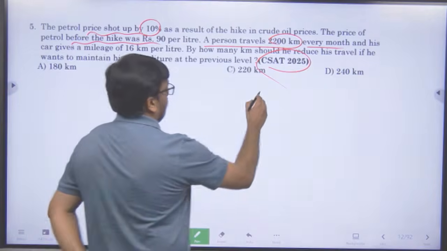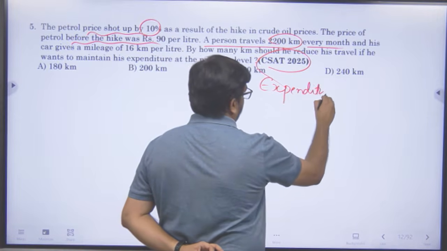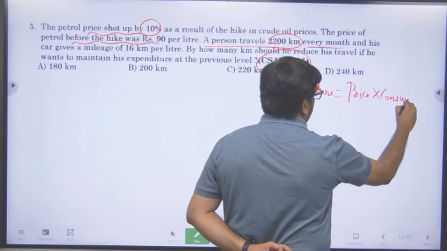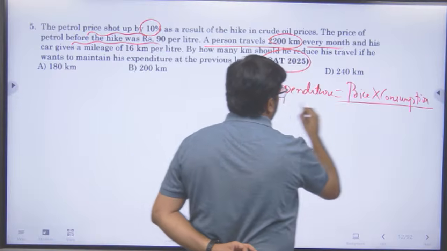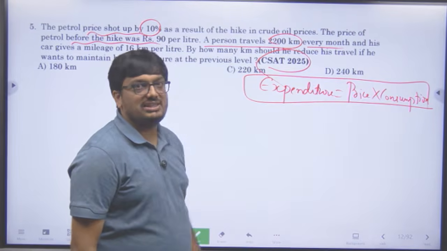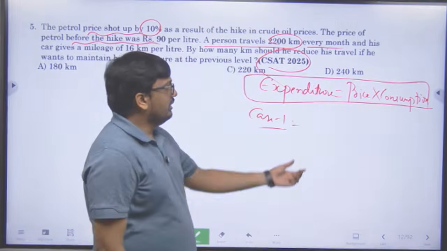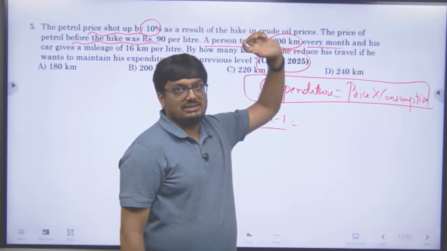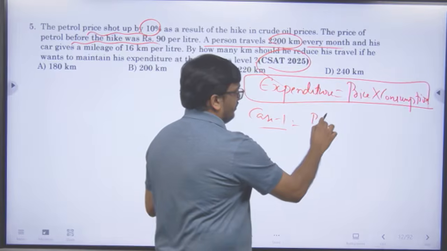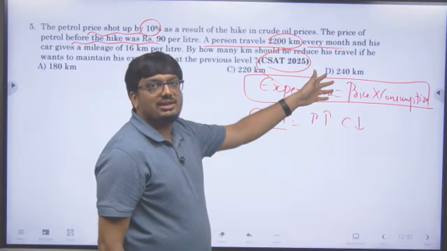If you know the concept, expenditure is equal to price into consumption, you can solve this question. This is the concept behind this. Expenditure is equal to price into consumption. Case 1: if price is increased, consumption should be decreased so as not to increase the expenditure.